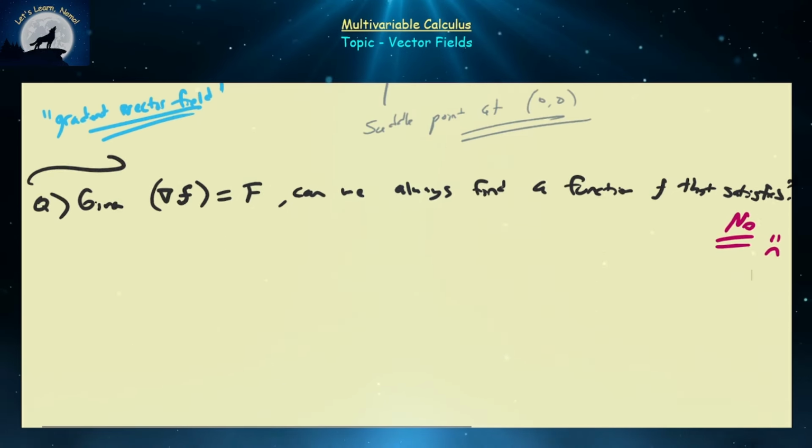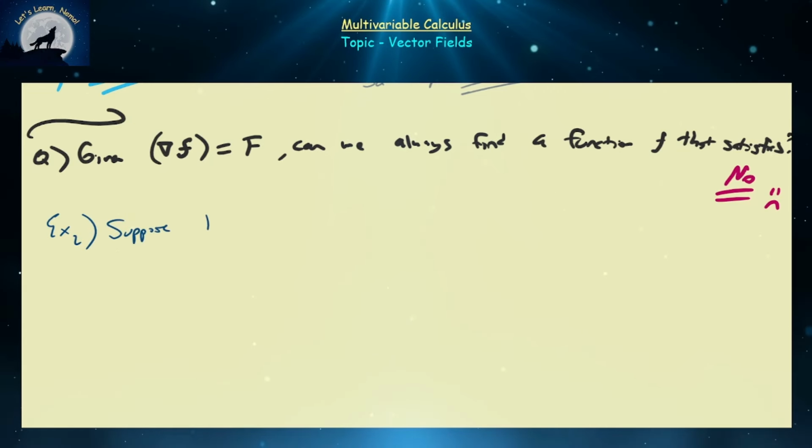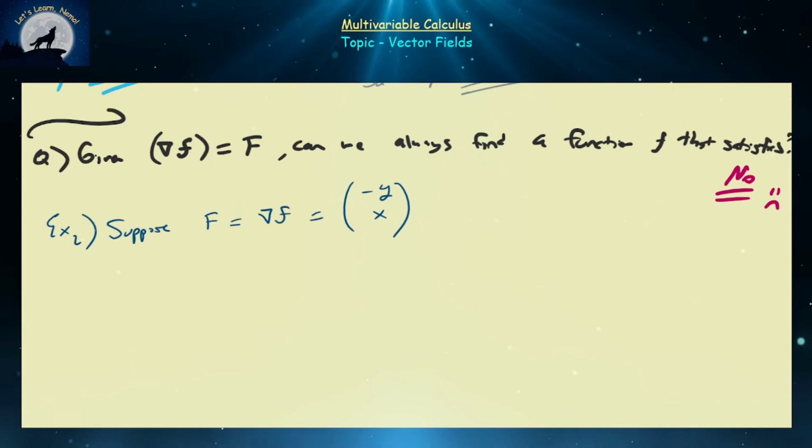Right? So let's bring back or look at a particular vector field. So let's assume that capital F, i.e. the gradient of f, but we don't know what little f is, is equal to minus y, x.